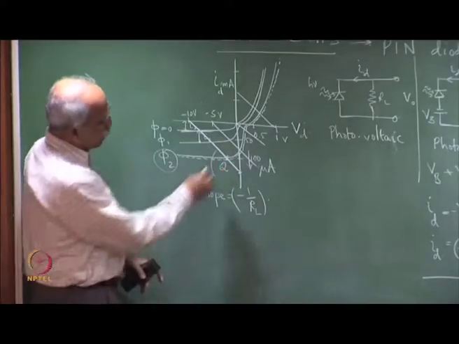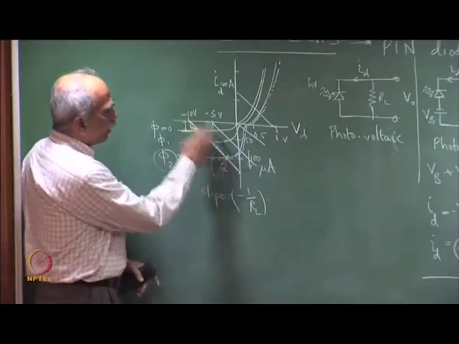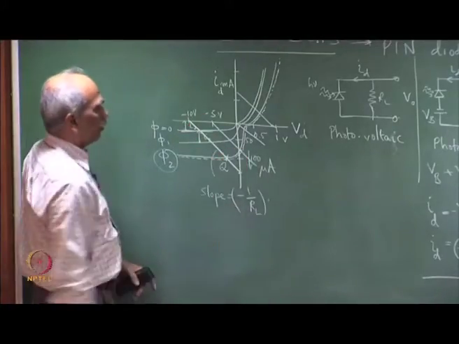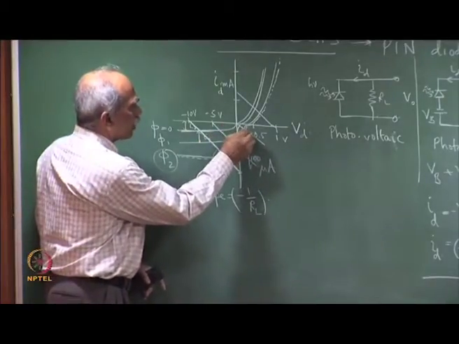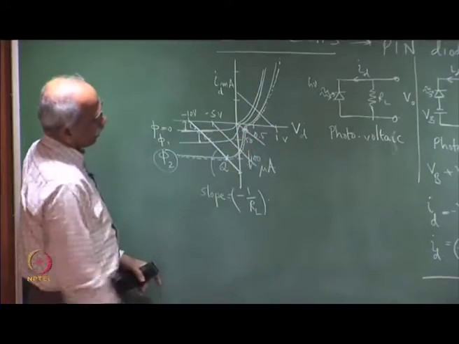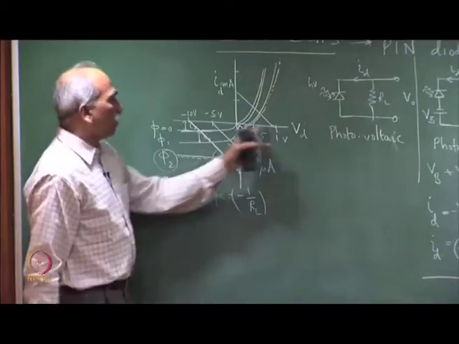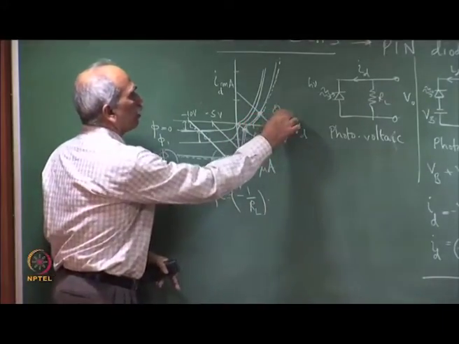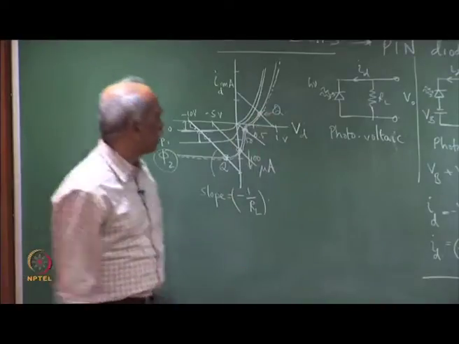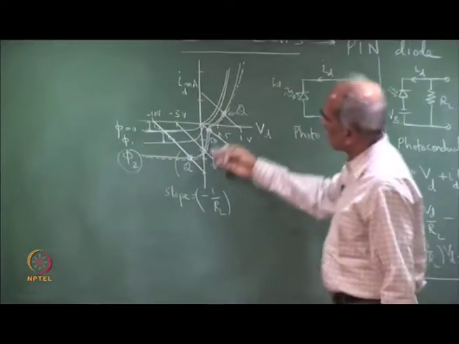The Q point is here. If I have 5 volt, the Q point is here, and if I reduce it to 0, the Q point is here. And if I forward bias, the Q point is here. So, this is the Q point, the point of operation if the incident photon flux is this.